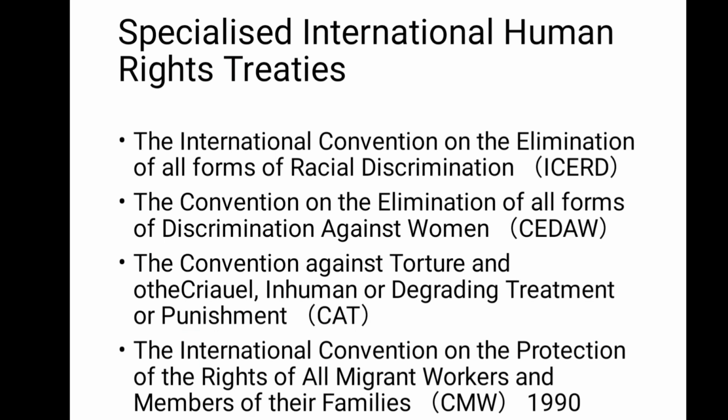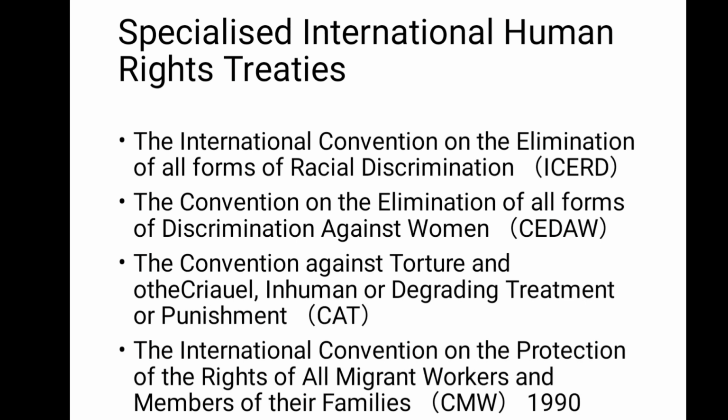To health. Okay? Then the fourth one, which is the last convention, we have the International Convention on the Protection of the Rights of All Migrant Workers and members of their families, which was adopted in 1990.